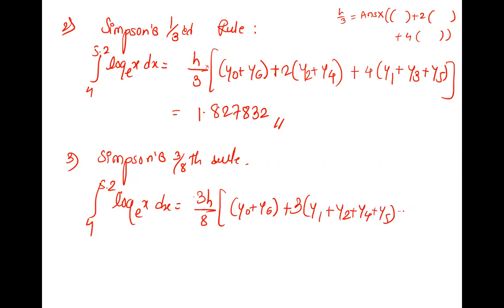Correct. Plus 2 y3: 2 into y3, multiples of 3, and y6 is already covered, so only y3. Chalo, so 3 into 0.2 by 8, solve this, make the answer, and then answer into.